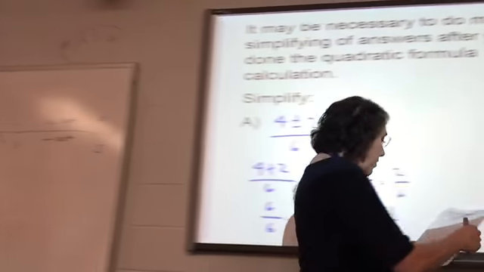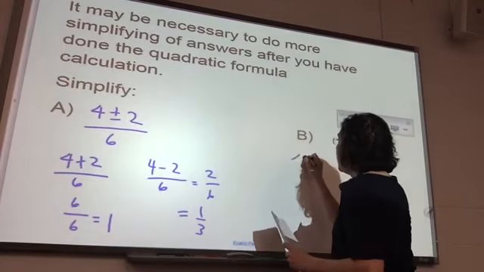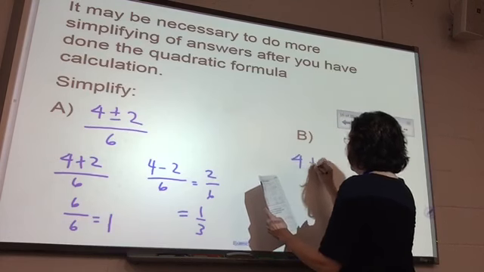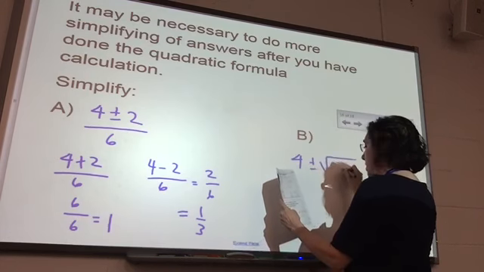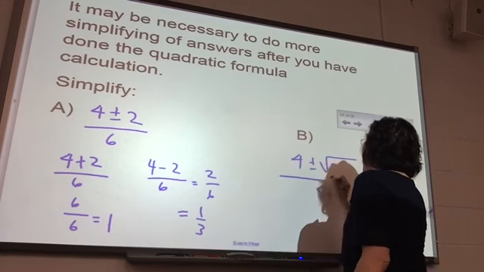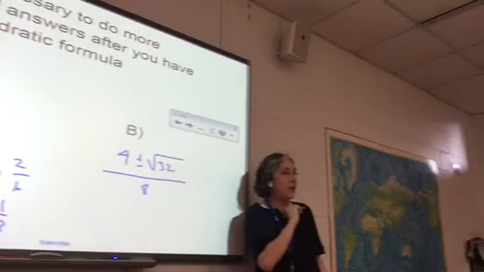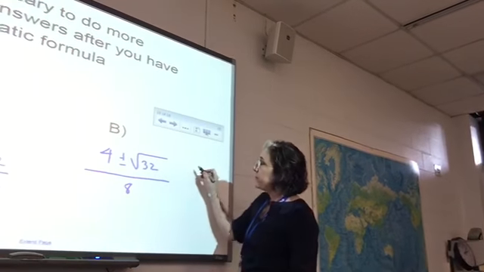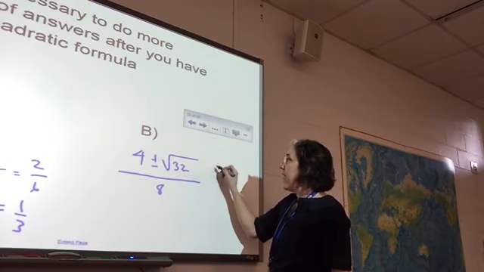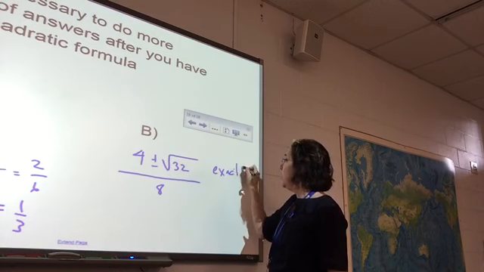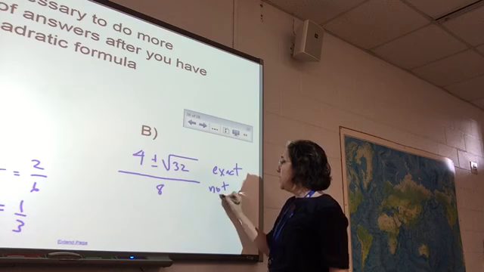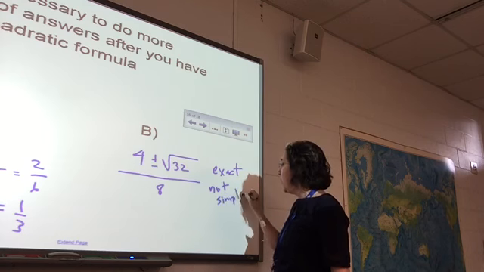Okay? The other thing is, and you will definitely come across these, so let's make sure everybody understands how to simplify. Maybe we would get an answer like that using the quadratic formula. This is exact, but it is not simplified. So we're going to simplify it.